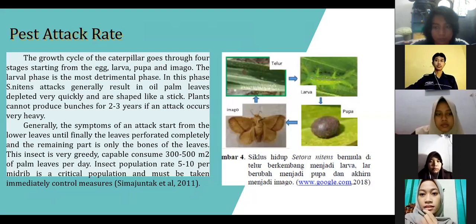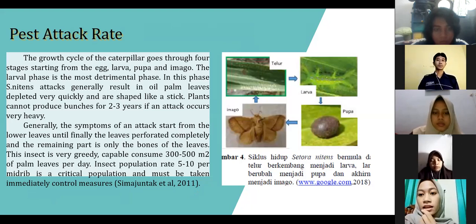Next is pest attack rates. The growth cycle of the caterpillar goes through four stages, starting from the egg, larva, pupa, and imago. The larva phase is the most detrimental phase. In this phase, Setora nitens attacks generally cause oil palm leaves to be damaged very quickly and become sharp like a stick.